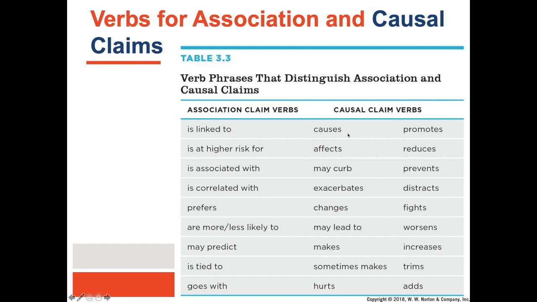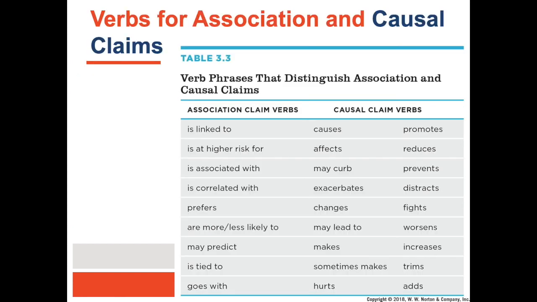That's a good one if they say that. Affects, exacerbates, changes, hurts, adds. These types of words, be looking for those. And understand what side of the line they're falling on. Is it an association claim where they're saying these look like they go together? Or is it a causal claim where it says one is causing the other?